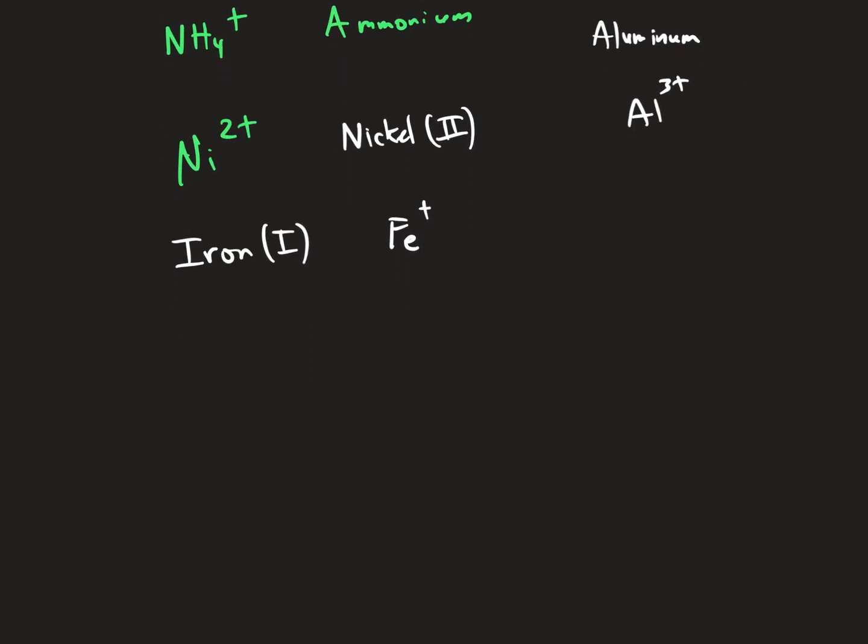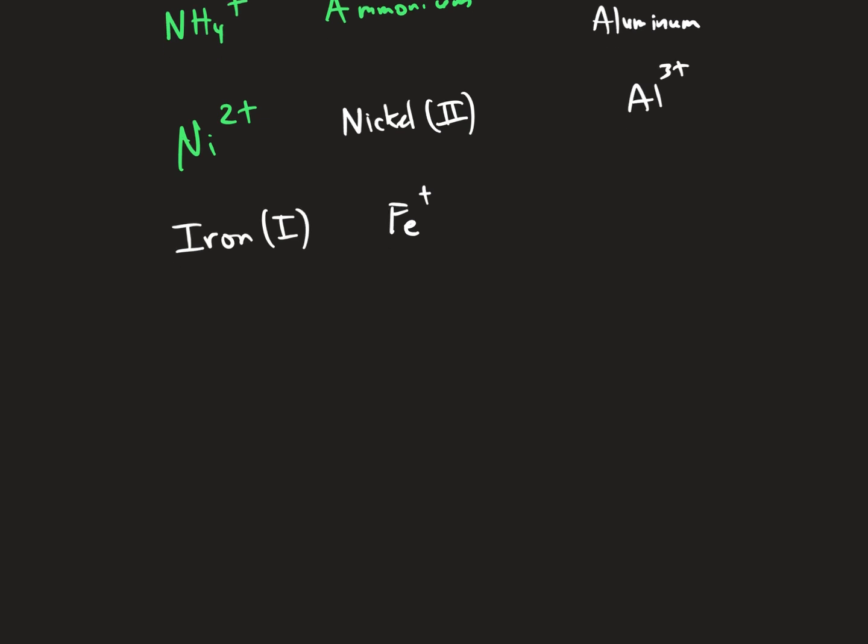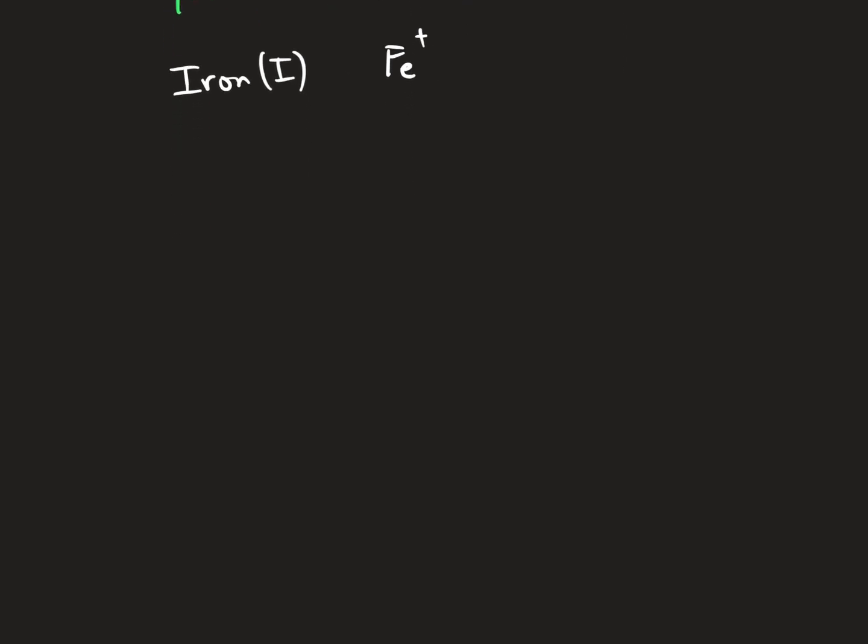All right, let's talk about naming anions, unless you have any other questions on section 6. You want to do any other ones? Okay. Naming anions. We have 2 different groups here.